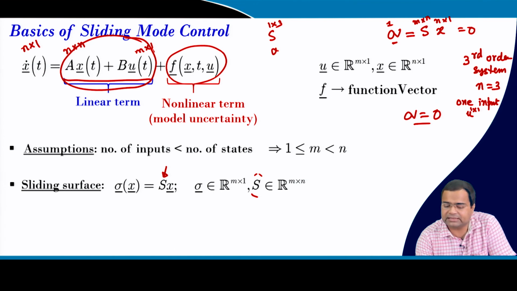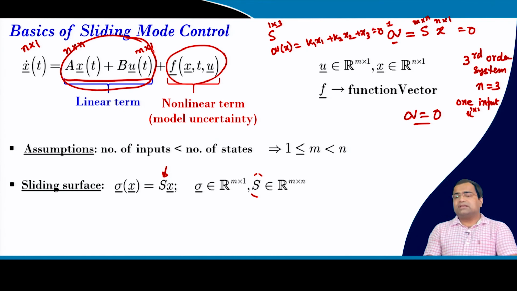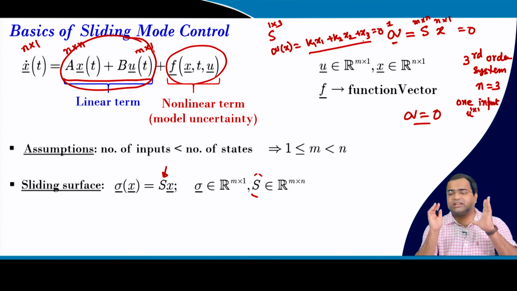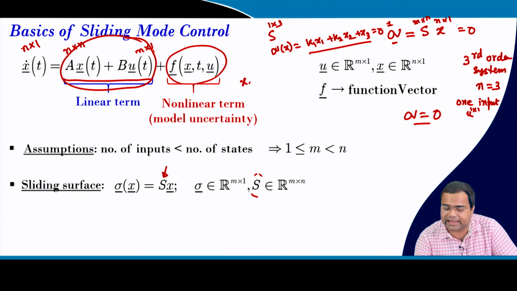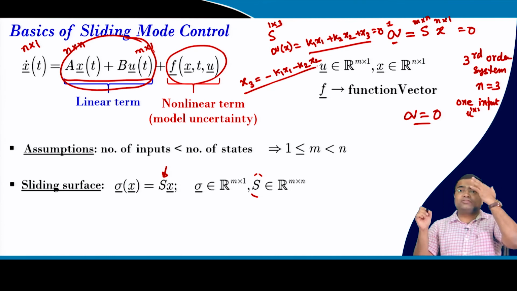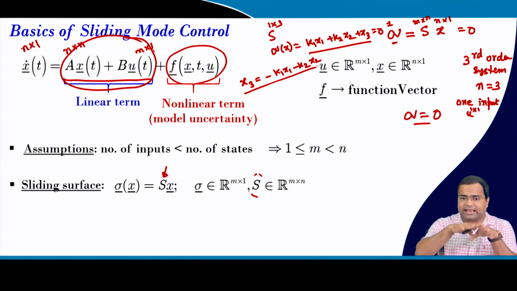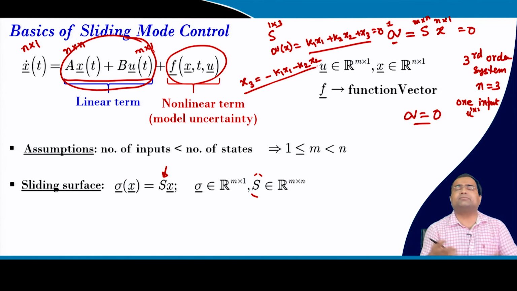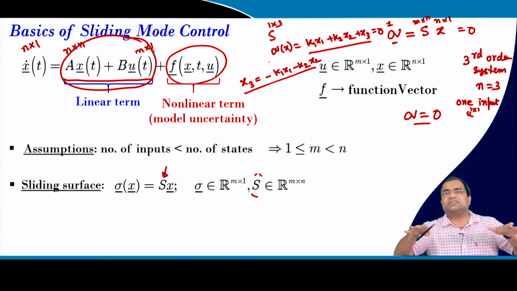That means you will get sigma x something like k1 x1 plus k2 x2 plus x3 equal to 0. And if you write this in the 3-dimensional plane, this can be written as x3 equal to minus k1 x1 minus k2 x2, like a two dimension, x1 axis, x2 axis, and we can get the x3 by combination of x1 and x2. So this will resemble a two dimensional plane.